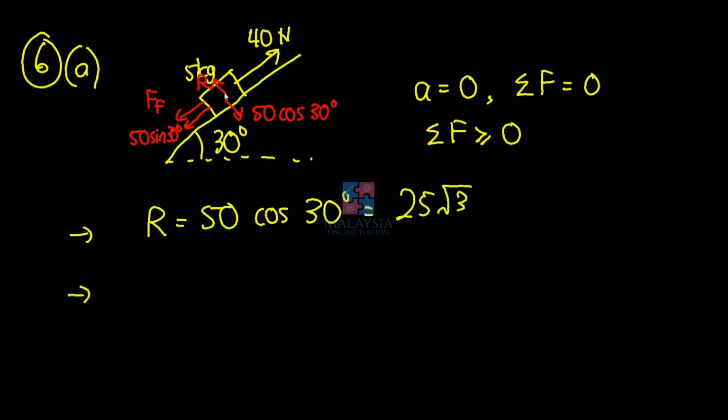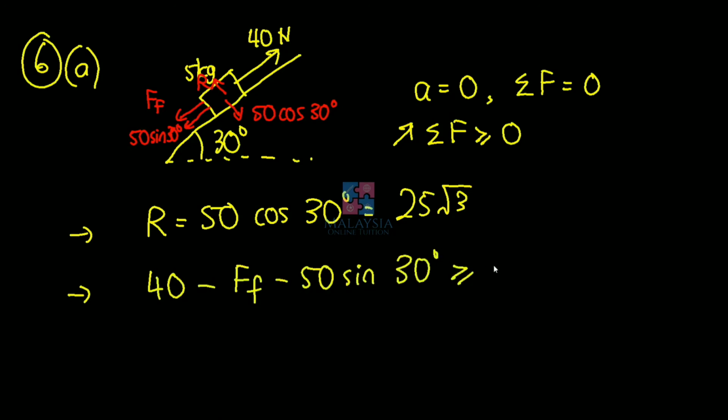Now for parallel to the plane, we will have 40 Newton. By the way, I forgot, what I mean is the force going up the plane must be bigger than or equal to 0. So now what we can do is 40 minus frictional force minus 50 sine 30 degrees must be bigger than or equal to 0.